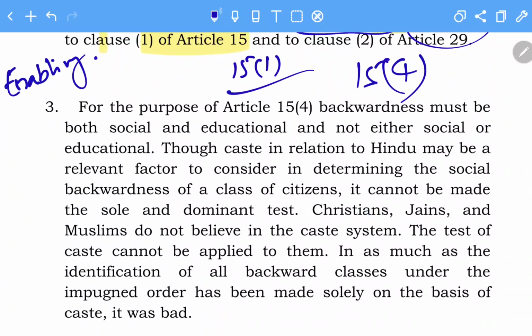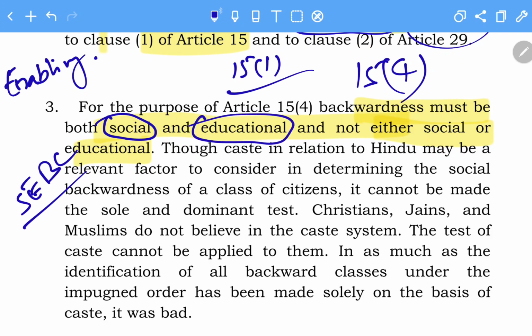Moving to the next one, another issue: how to identify the backward class community. The Supreme Court said that the backwardness must be both social and educational, not either social or educational. That means when you are going to identify this community of people, the SCBC, they must be backward on both grounds, social as well as educational.